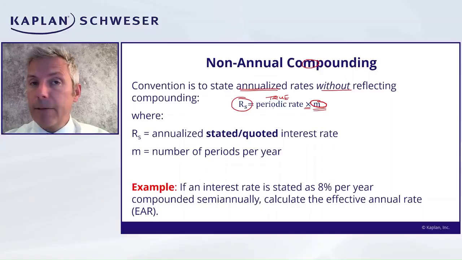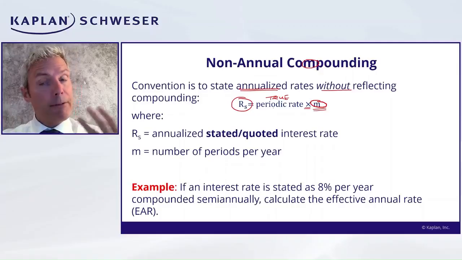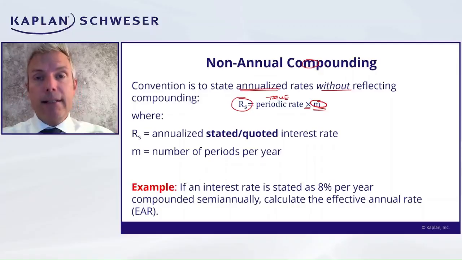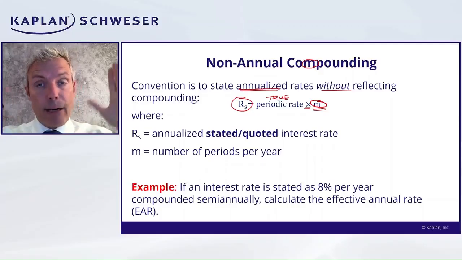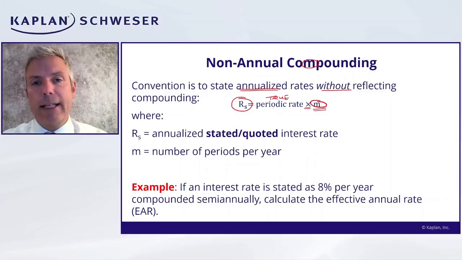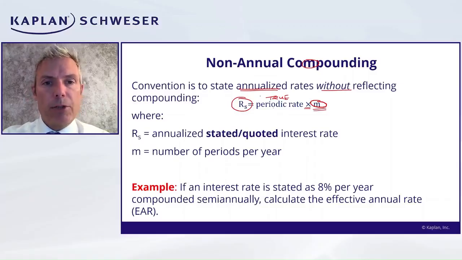So that doesn't reflect compounding, does it? When you just multiply by 2, it doesn't reflect interest earning interest. To reflect compounding, what you'd have to do is to take 1 plus the semi-annual rate and power it up by 2, and then subtract 1. But that's not happening here. So these quoted or stated, sometimes referred to as nominal rates, don't reflect compounding. You've got to be really careful with that.